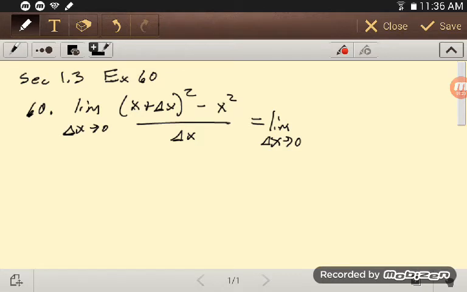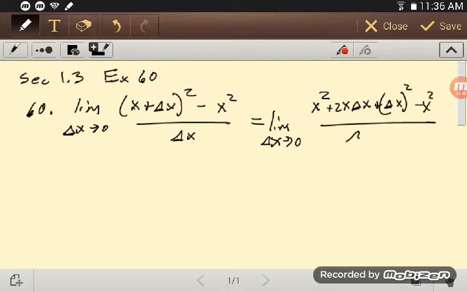So perfect square, I get x squared plus 2x delta x plus delta x squared minus x squared all over delta x.